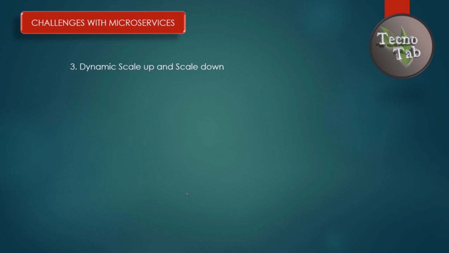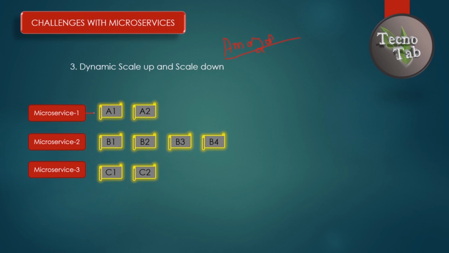The third challenge associated with the microservices is dynamic scale up and scale down. What is that? Let us suppose that we have 3 microservices and it's an Amazon application. Microservice 1 is having 2 instances running currently. Let's say this is a normal day and we have a Christmas day, and let's say it's a Diwali.